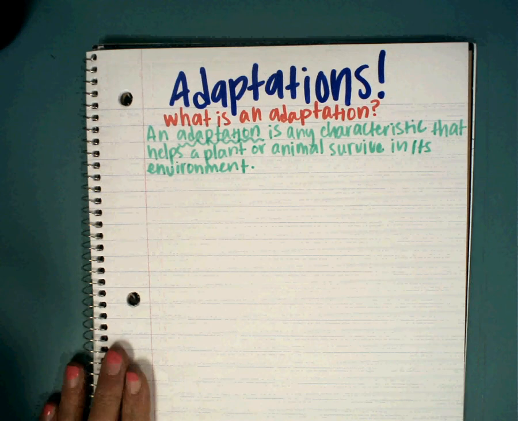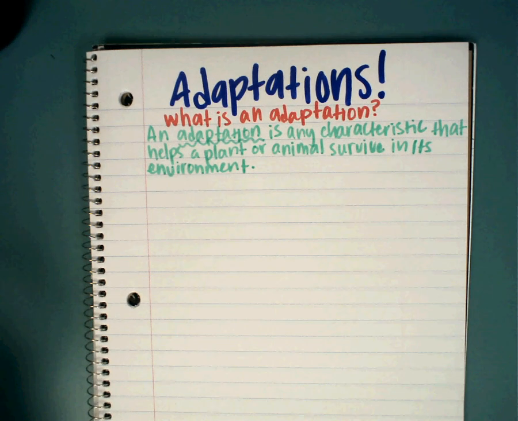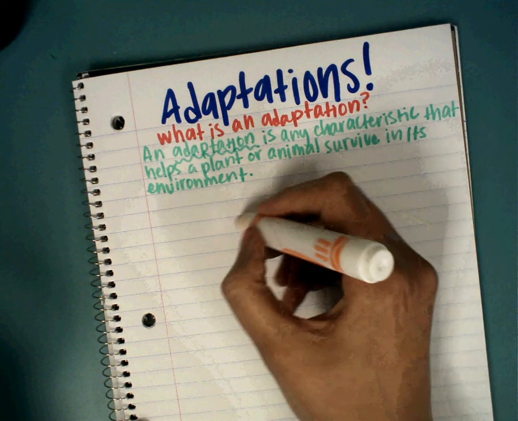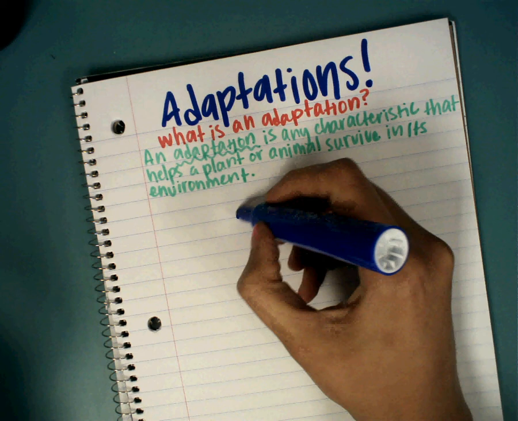First type of adaptation is a structural or physical adaptation. What color should we do? Let's do orange. Okay. So we've got structural. So actually, let's put up here two types of adaptations, okay?